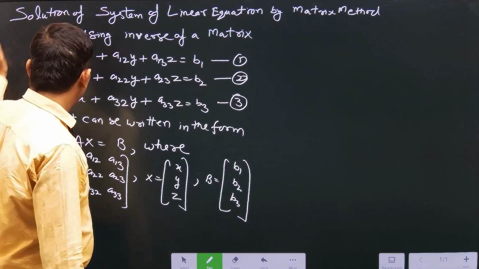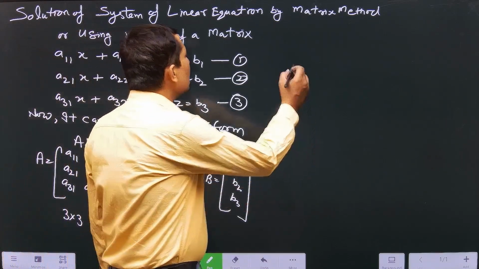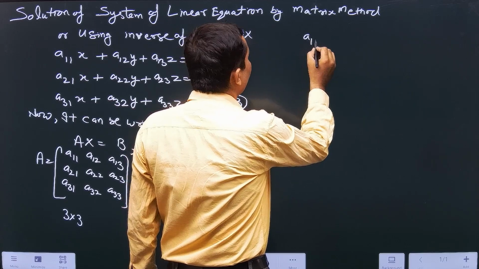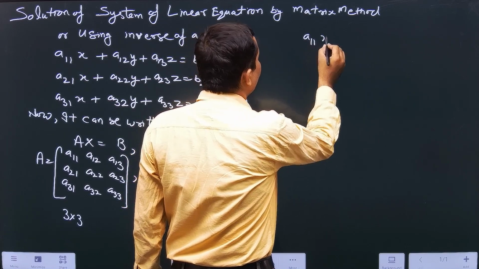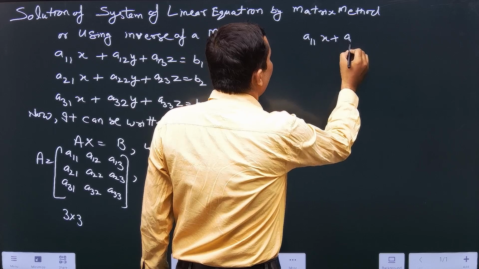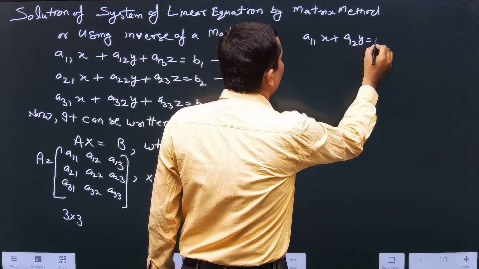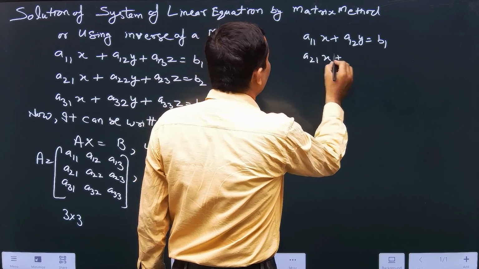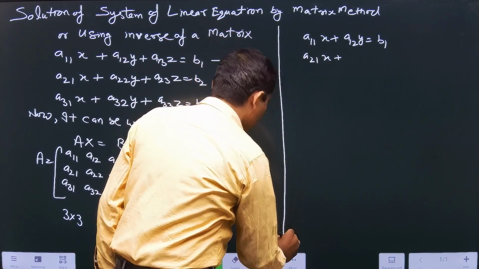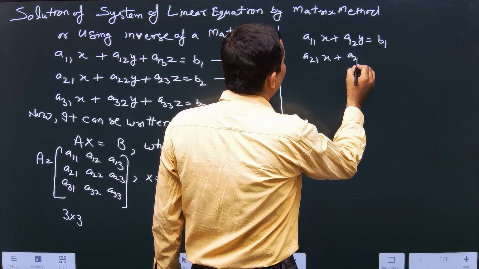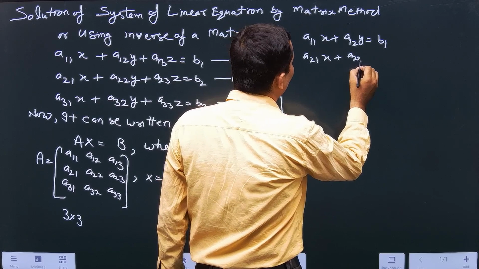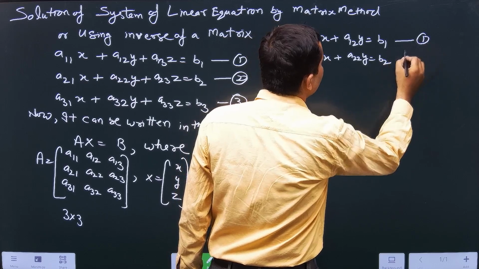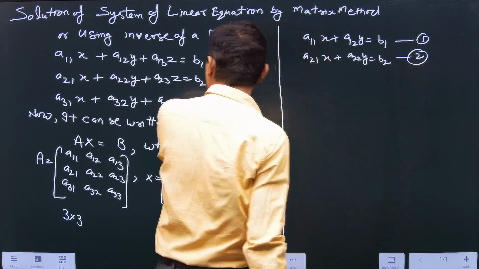It is the case of 3 by 3, and the same is also applicable to the 2 by 2 order. You can write down a11x plus a12y is equal to b1 and a21x plus a22y is equal to b2. It is your first equation and second equation.